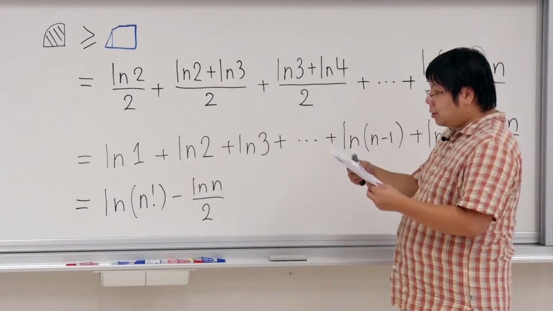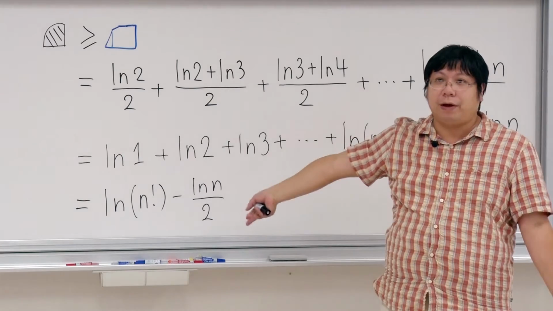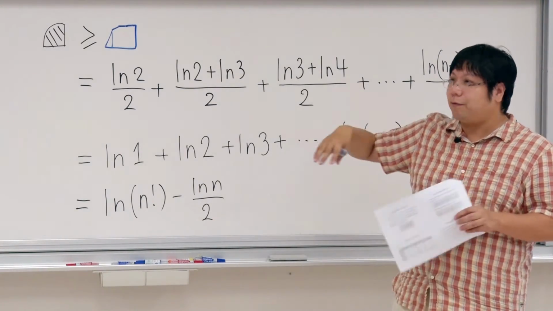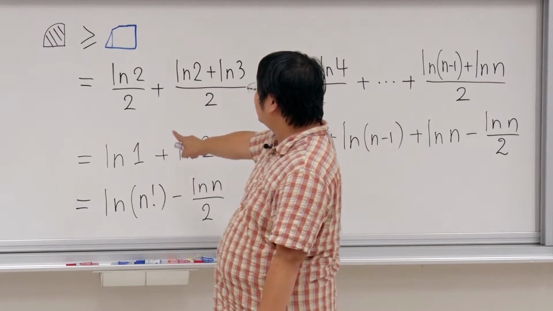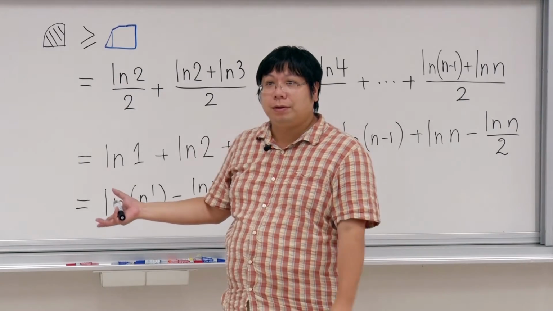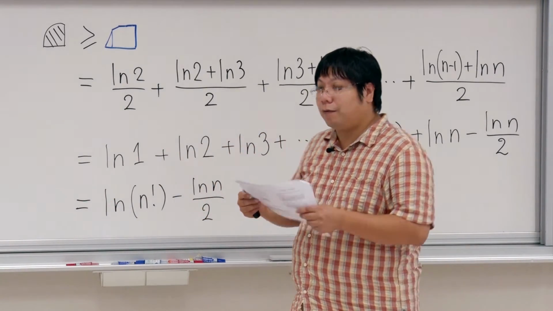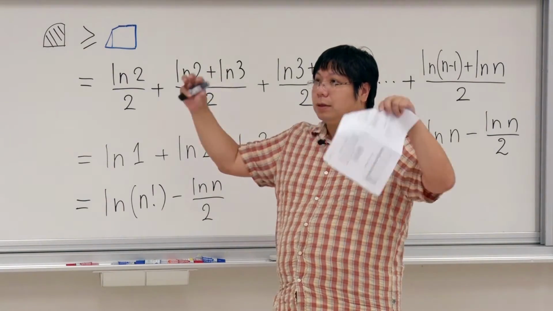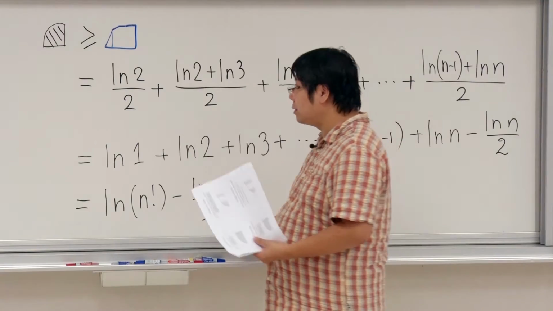We hope to get the limit. We hope to show that the limit tends to a certain value. So rather than just finding a bound, this is going to give us an upper bound of log of n factorial. And we also want to get a certain lower bound of log of n factorial, so that we get a tight bound of log of n factorial. So this is our target.